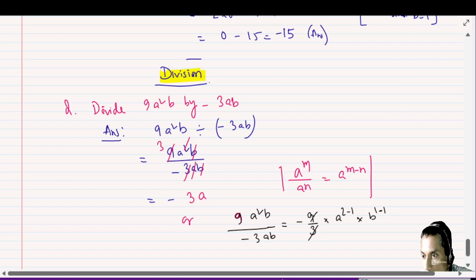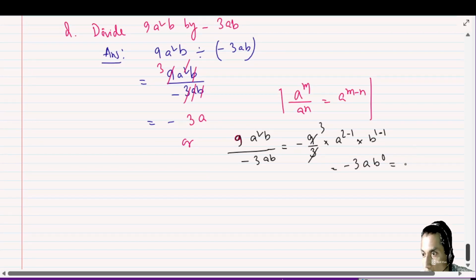So you get 3. So minus 3a into b to the power 0. Something to the power 0 is equal to 1, so minus 3a into 1. So minus 3a.